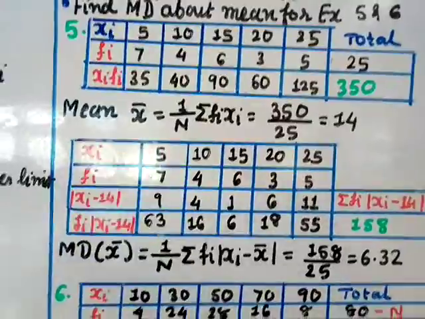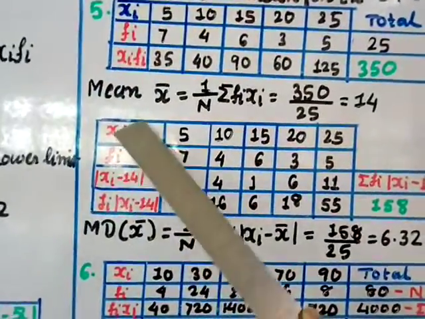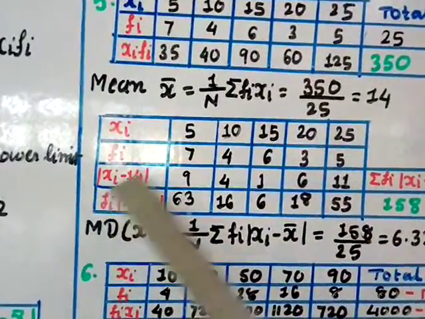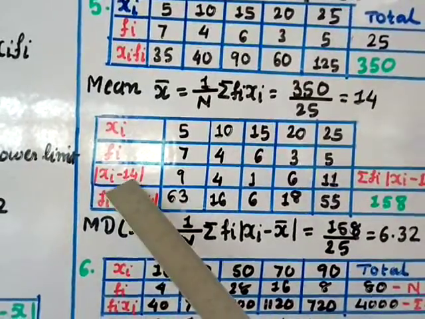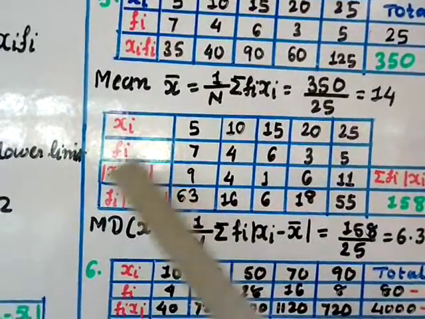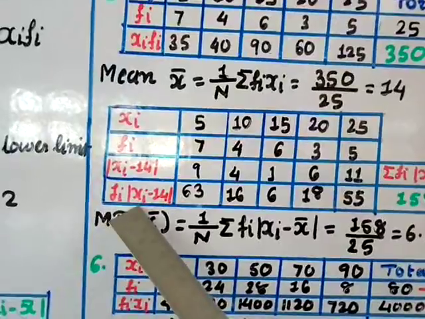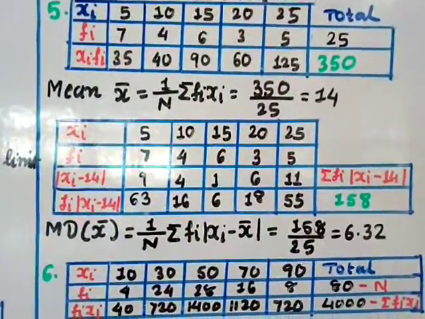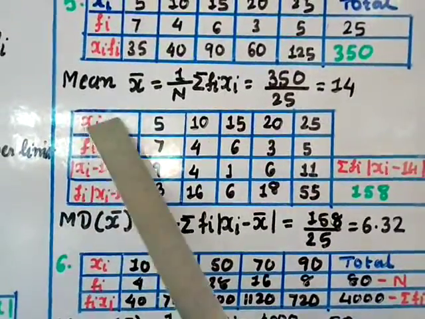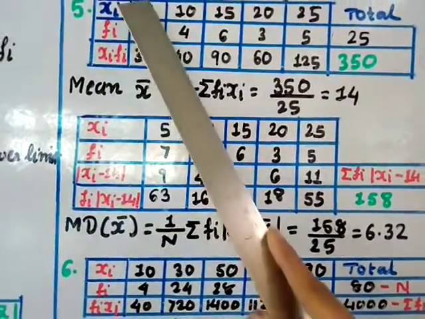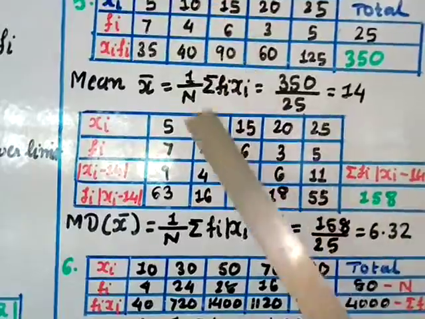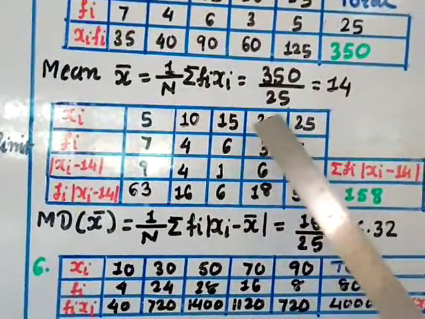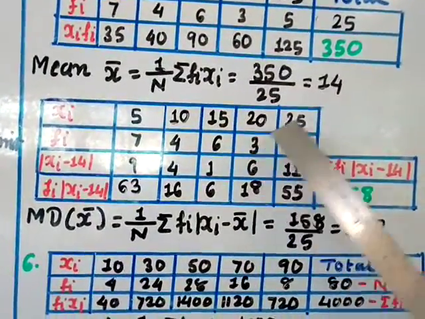Now the next table: you have to draw xi, fi, xi minus the mean, that is 14, and the product of fi and this value, that is fi into modulus of xi minus 14. When you write modulus, you neglect the negative sign. So xi and fi are given: 5, 7, 10, 4, 15, 6, 20 and 3, and 25 and 5.